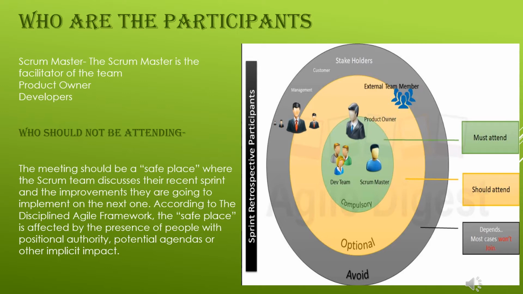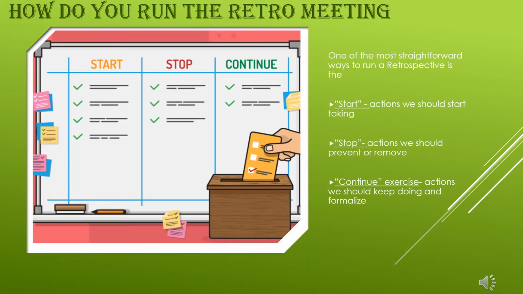According to the framework, a safe place should not be affected by the leadership or by any people holding positional authority or potential agendas or other implicit impacts. So we really don't want the management or the customers or the stakeholders to be part of this. It's always best to avoid this set of people in this meeting.